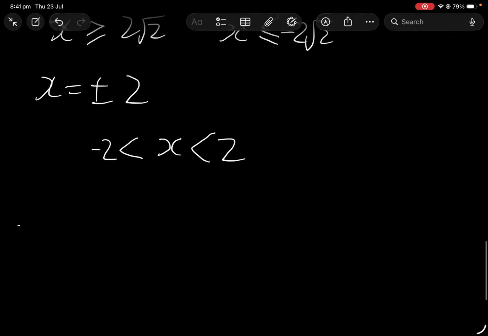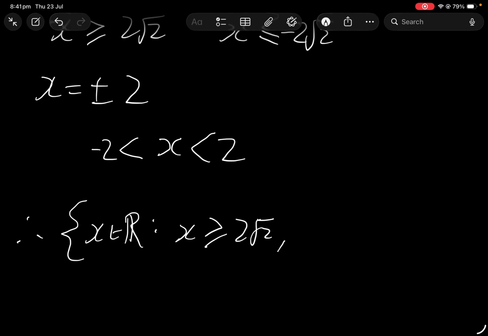So that means x, okay, I don't know, for x as a real, x is 2 square root 2. Actually no, wait, I do.